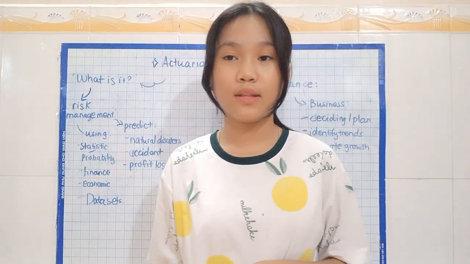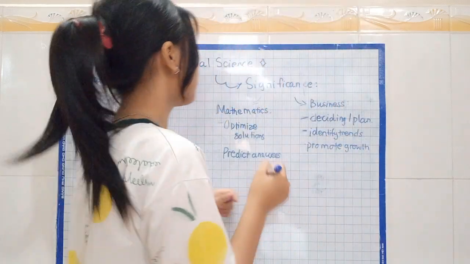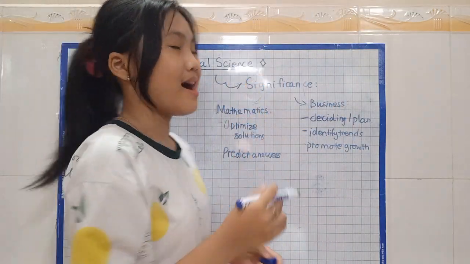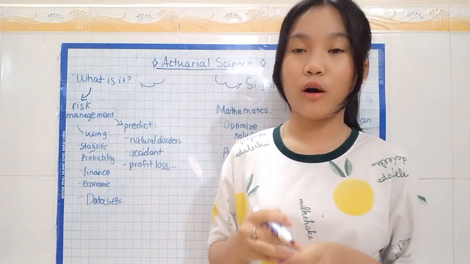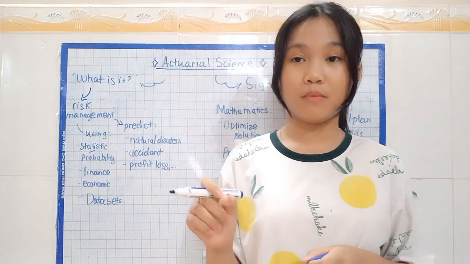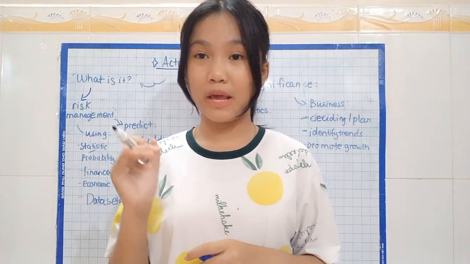For today's video, we are going to be discussing actuarial science. As week 21 starts, we are slowly following this new learning program, which focuses on actuarial science. Since then, our group has had a big change.